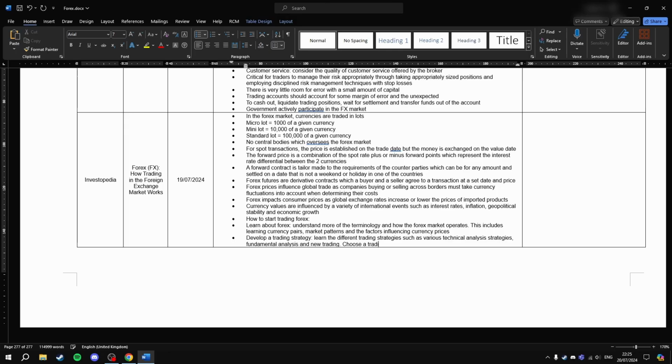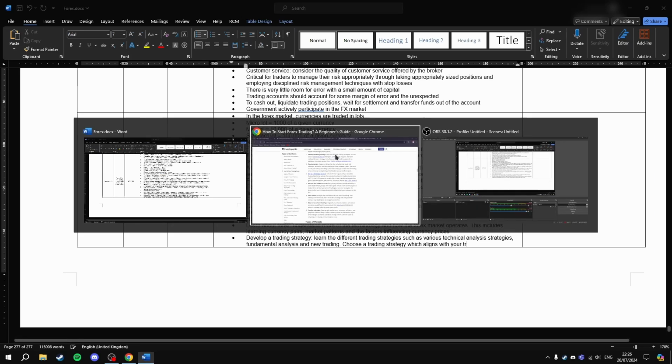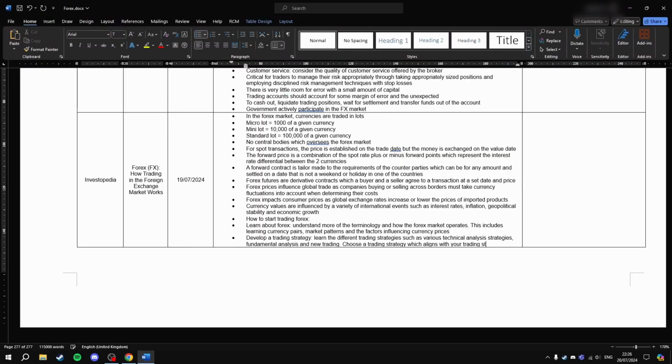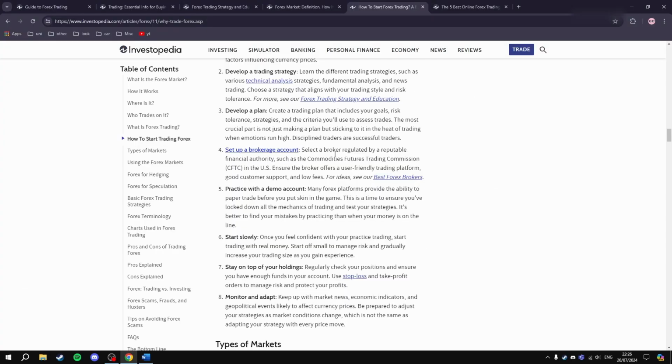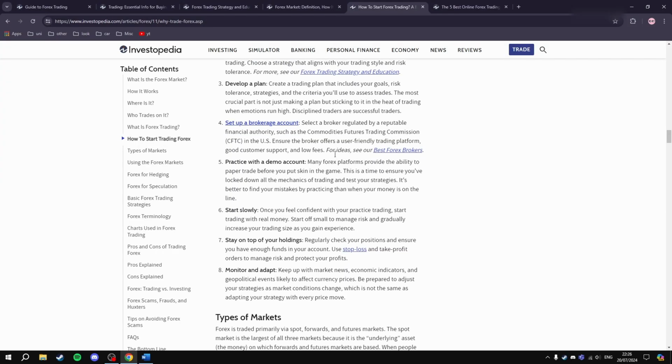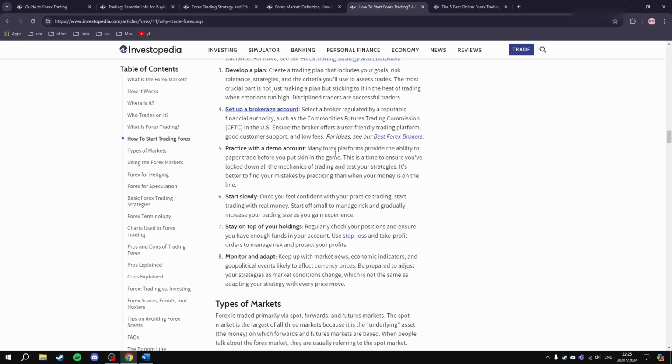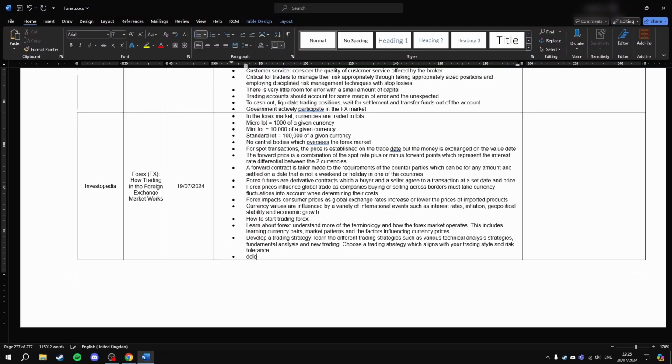Choose a trading strategy which aligns with your trading style and risk tolerance. For more, see our Forex trading strategy and education. Yep.